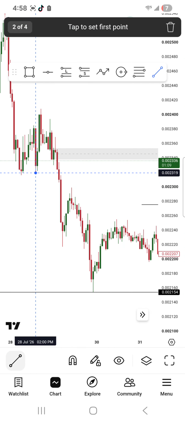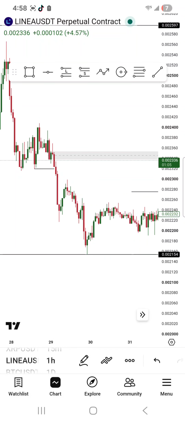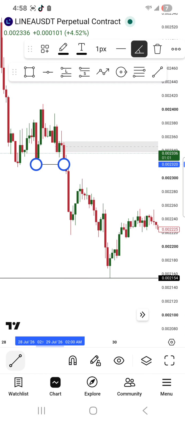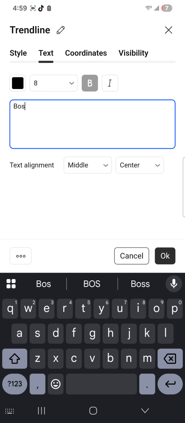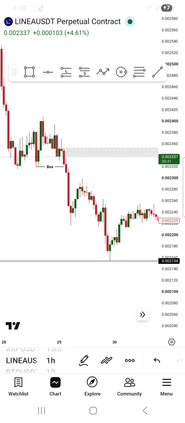We can also draw it like this. This is the bigger one and that one is the smaller one. The order block caused this break of structure, BOS. Sorry guys, let me plug this. My phone is a bit slow. All right, so this order block caused the break of structure.